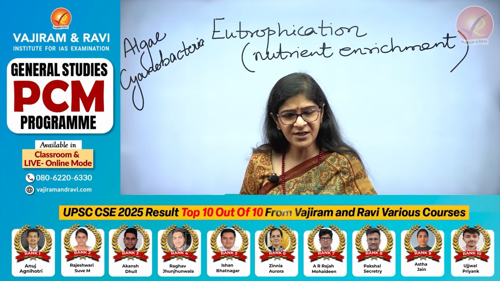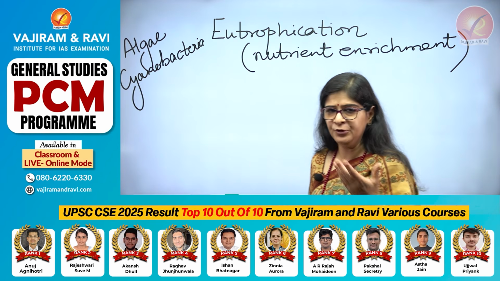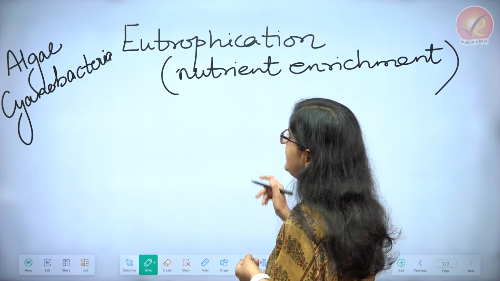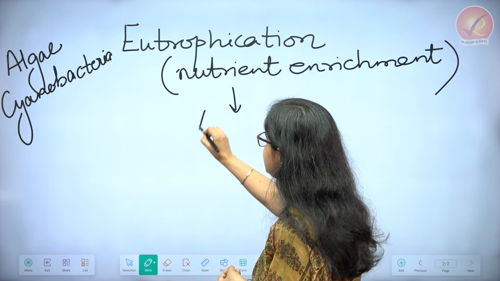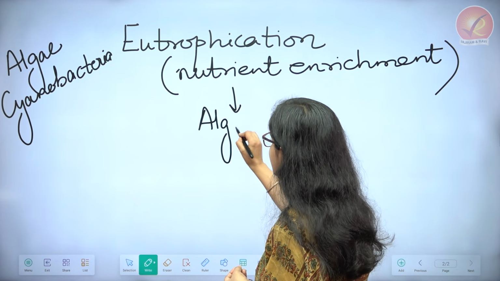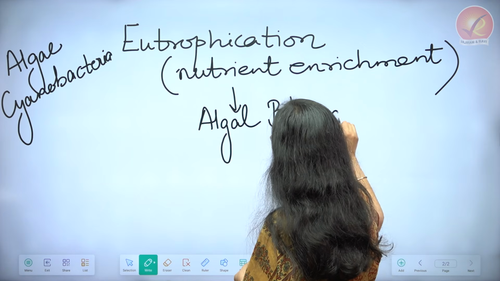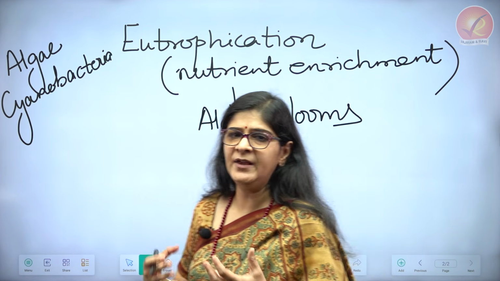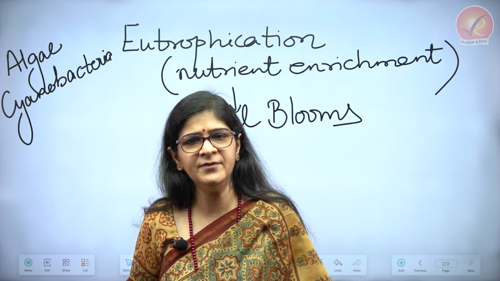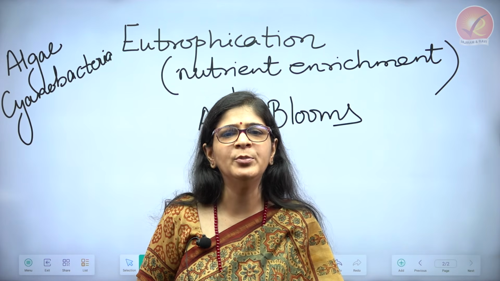And this proliferation of the population of the algae as well as of cyanobacteria is what we call algal blooms. Algal blooms in the sense that we have these producers of the aquatic ecosystems blooming very rapidly, proliferating very rapidly, showing population explosion.